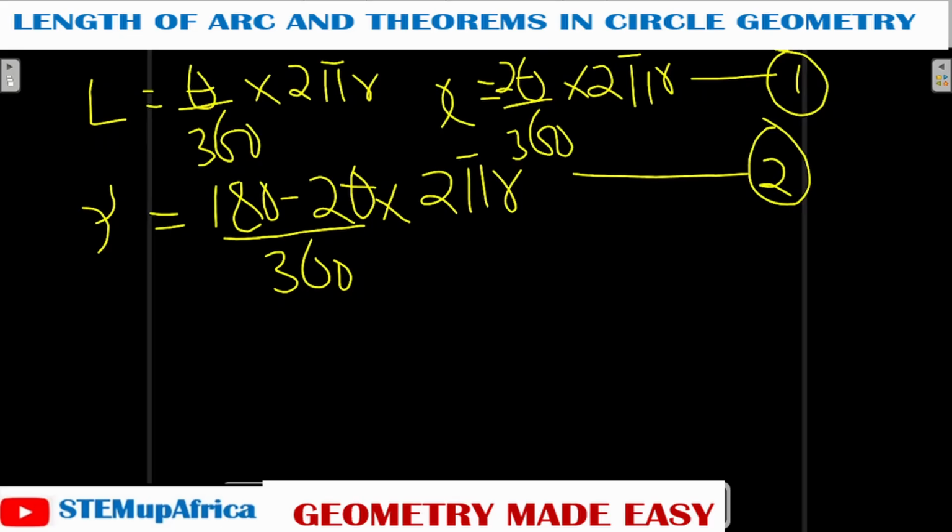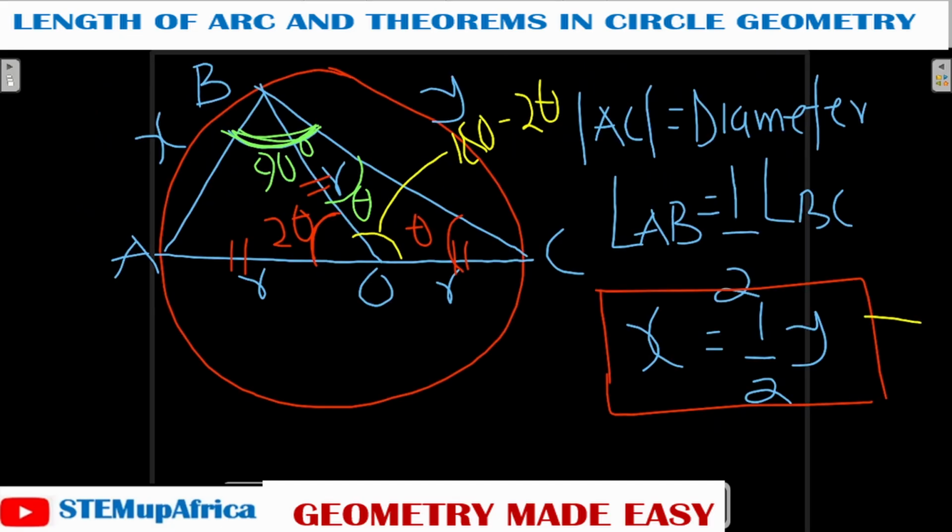We are told, from this expression here, that x is 1 over 2 y. So if I make y the subject of the formula, what are we having? My y will simply be 2x, by cross multiplying. So anywhere I see y, I will put the length of arc for y, and anywhere I see x, I will put the length of arc for x.